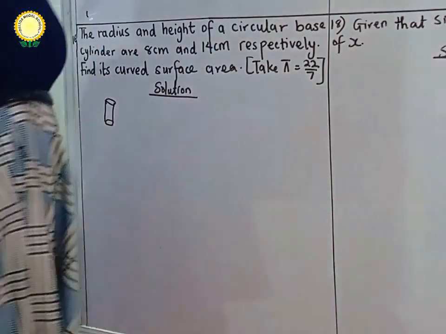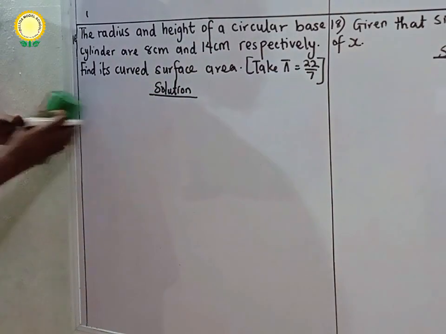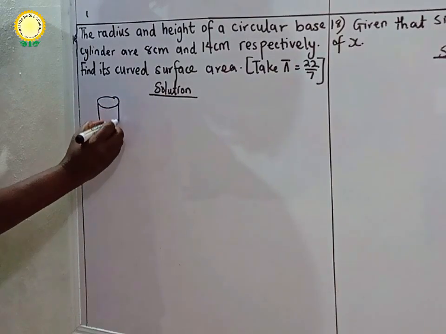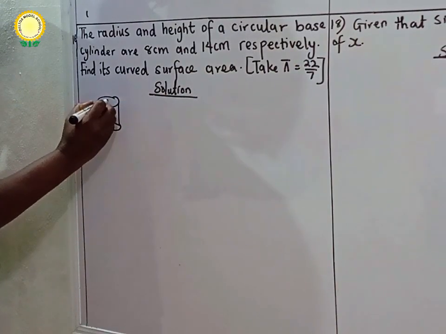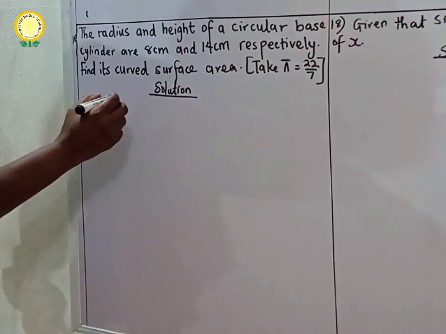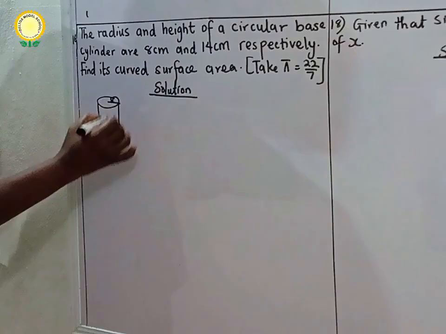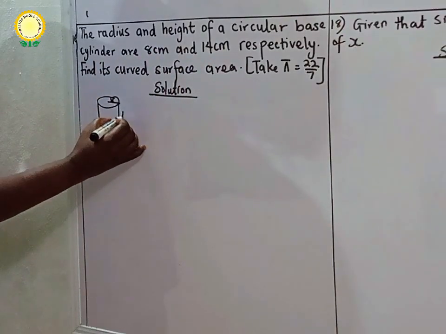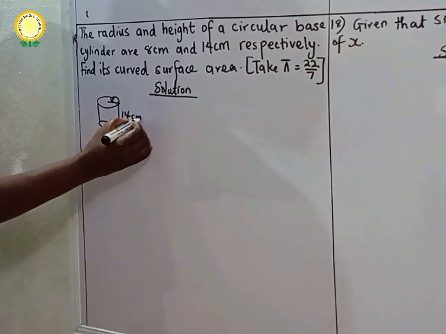All right? Okay, so let me make it bolder. We have the radius as 8 cm and the height as 14 centimeters.